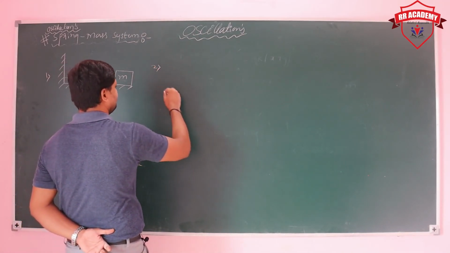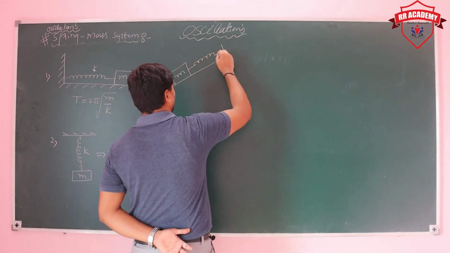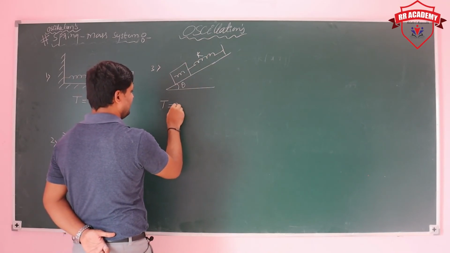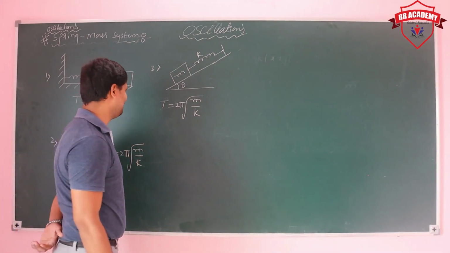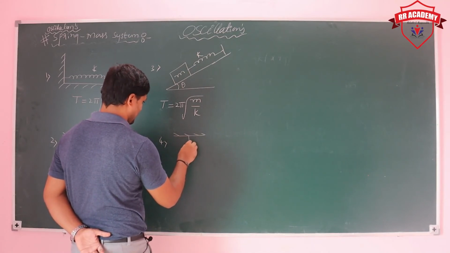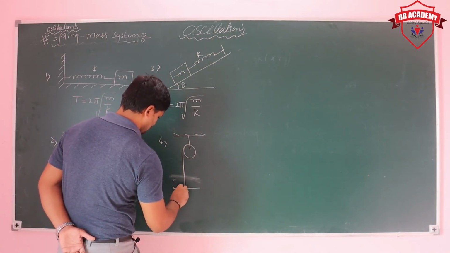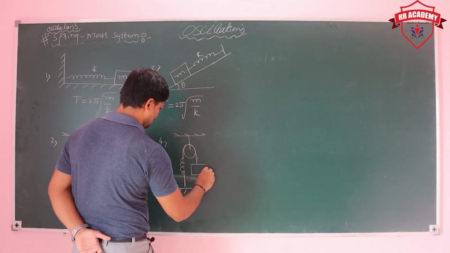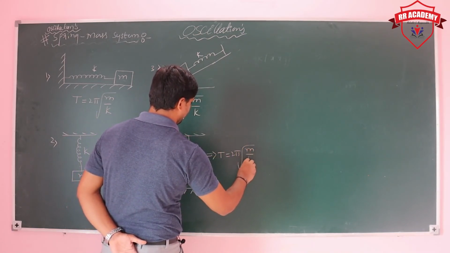Generally we think in another way, but here also the time period is 2 pi into under root m by k, and in the fourth condition also.